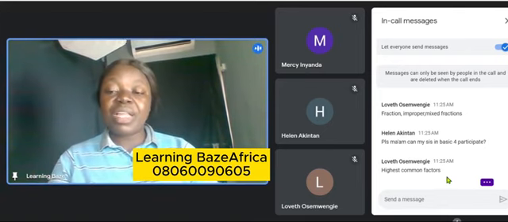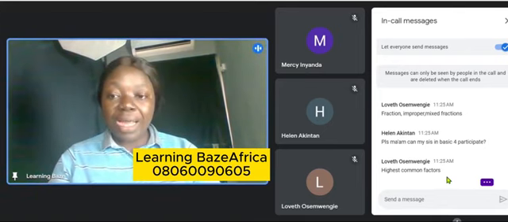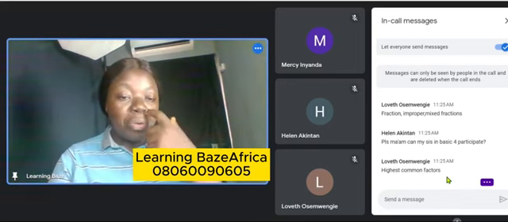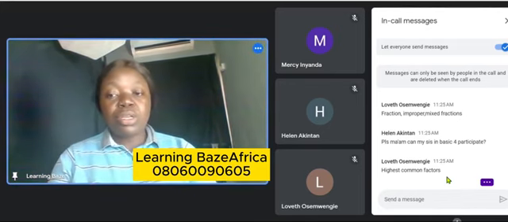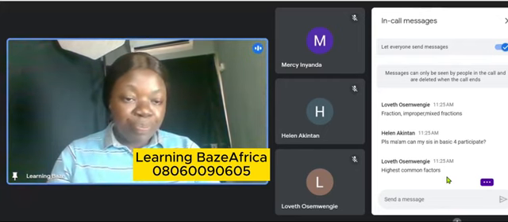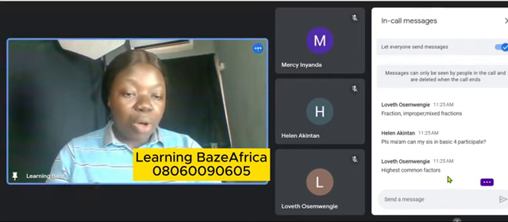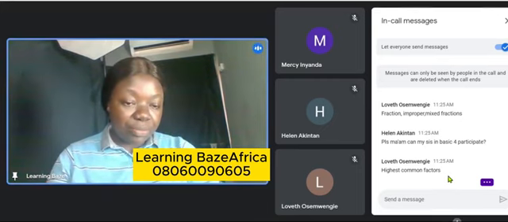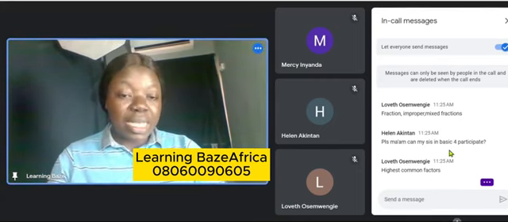Now, everything has to do with fractions and decimals. When treating fractions, you will still come across decimals. When doing proportion, estimation, you still need decimals.